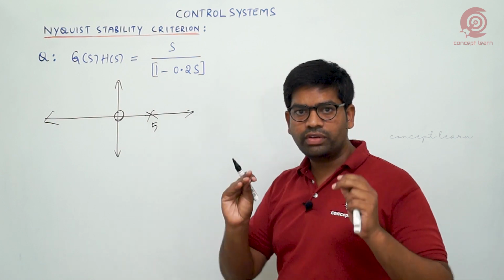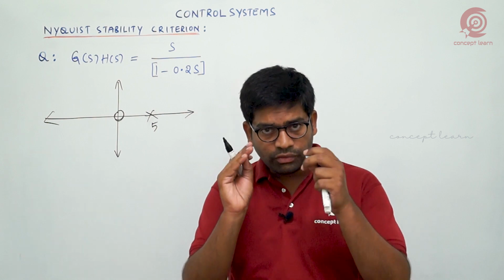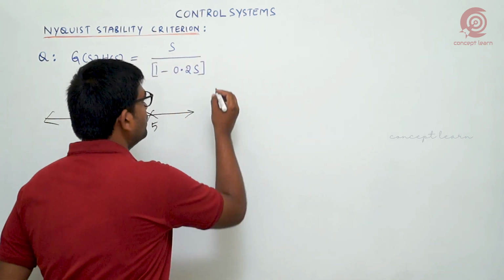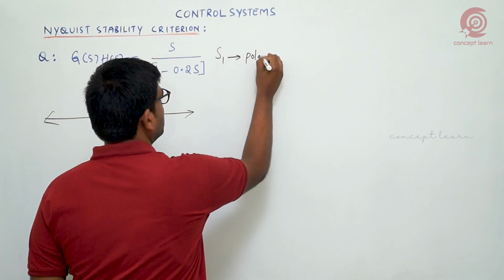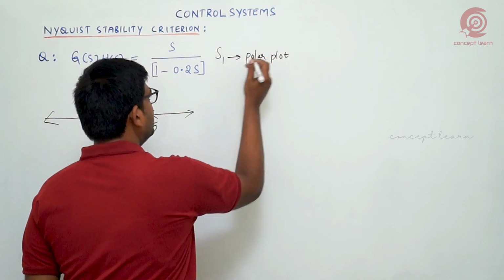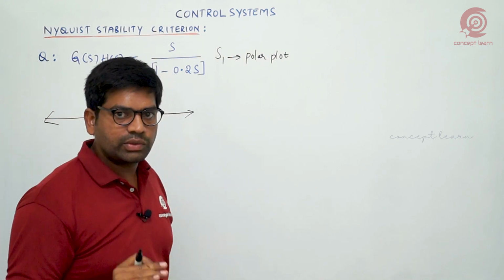Now if you follow the construction of the Nyquist path, we will see here. First I am following S1, which means we need to construct the polar plot. As I said, it is not in standard mode, so we should follow the procedure in drawing the polar plot.